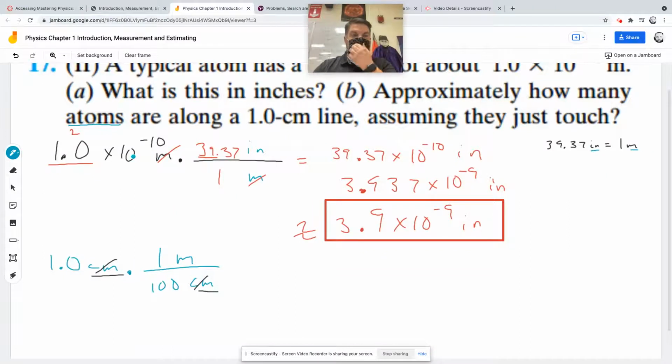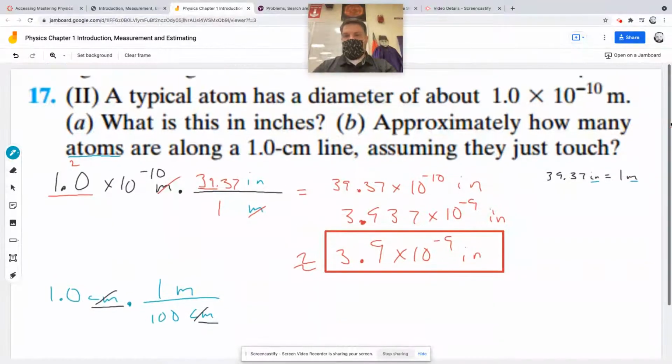Now we're going to convert this to atoms. What I kind of glossed over is that because we're converting it to atoms, it says that 1 atom is equal to this length. That's going to be important in a second. So now I can say if I have 1 atom, and that's equal to 1.0 times 10 to the negative 10 meters, I got to write a conversion factor.